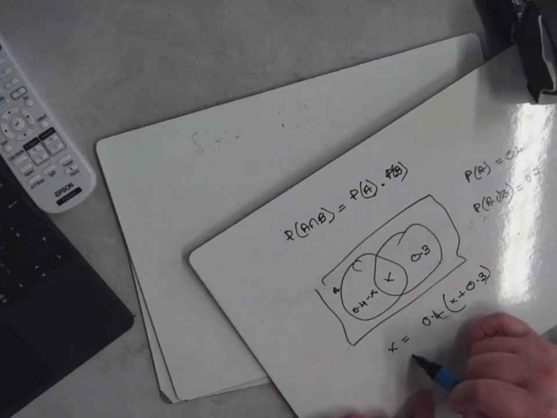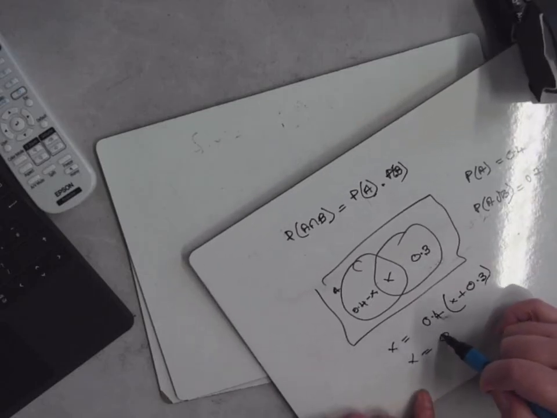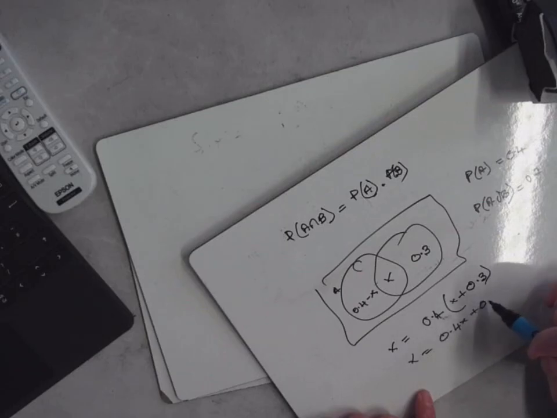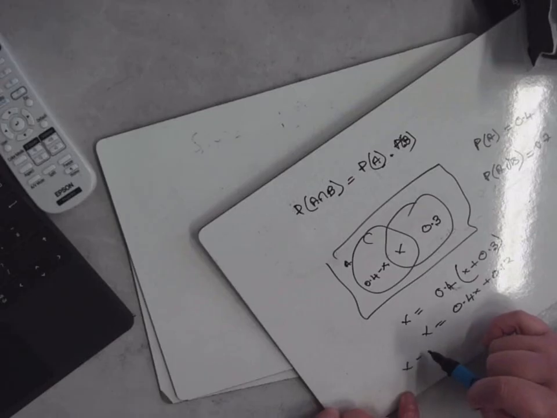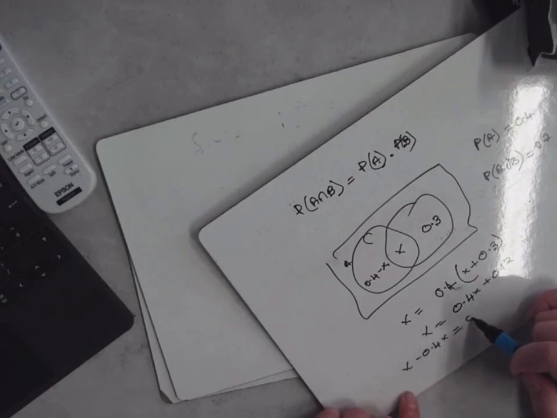So X is equal to 0.4X plus 0.12. Bring the X's to one side, so that's 1X take away 0.4X equals 0.12.